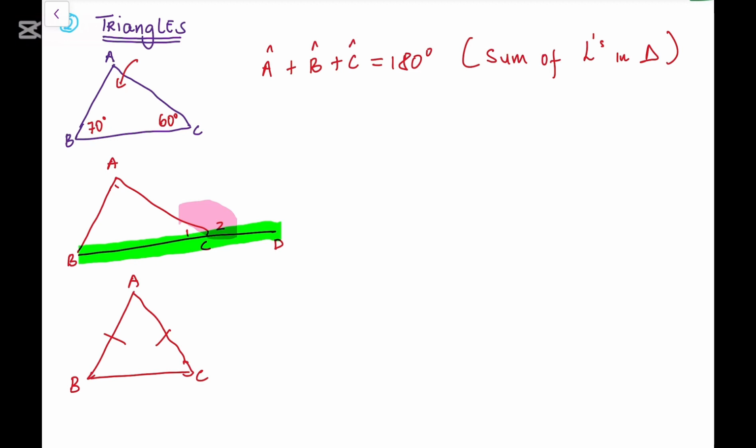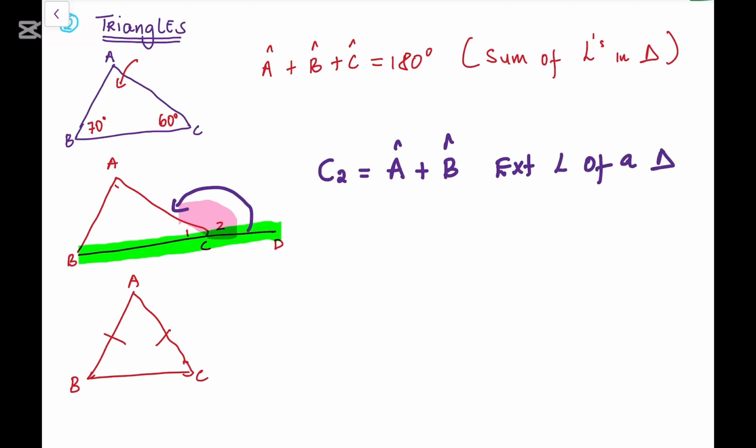Angle C2 is always equal to the sum of the opposite interior angles. So C2 is always equal to angle A plus angle B. So the reason here, you just say this is exterior angle of a triangle.